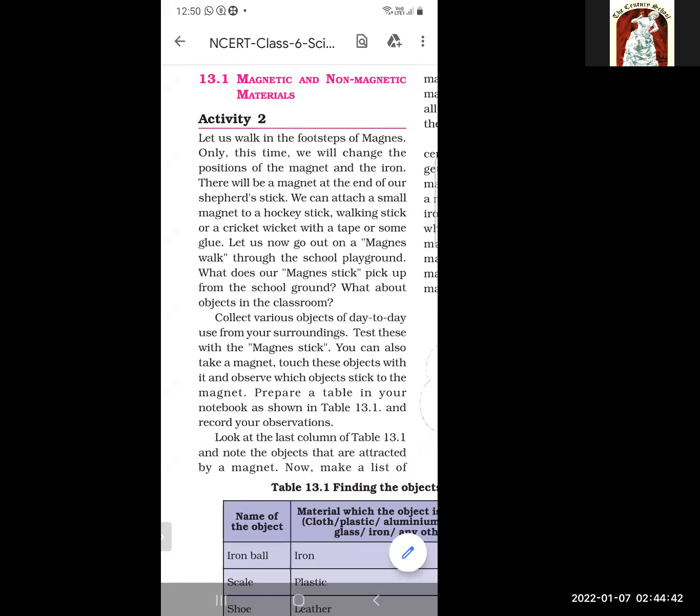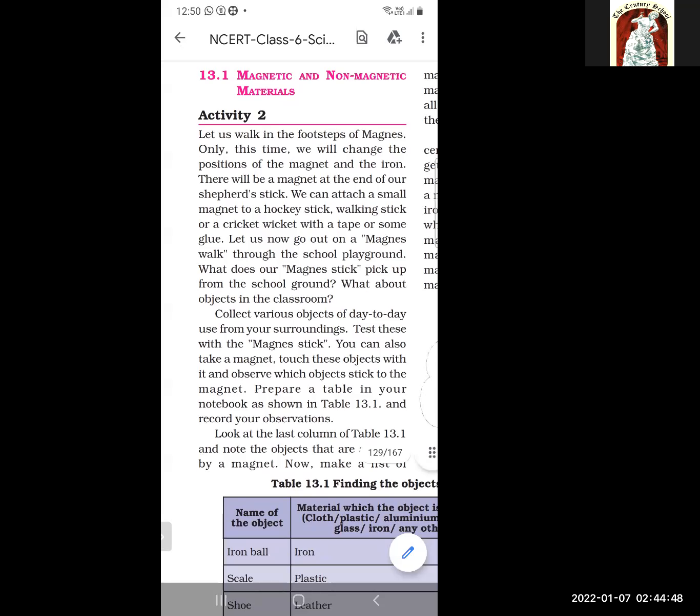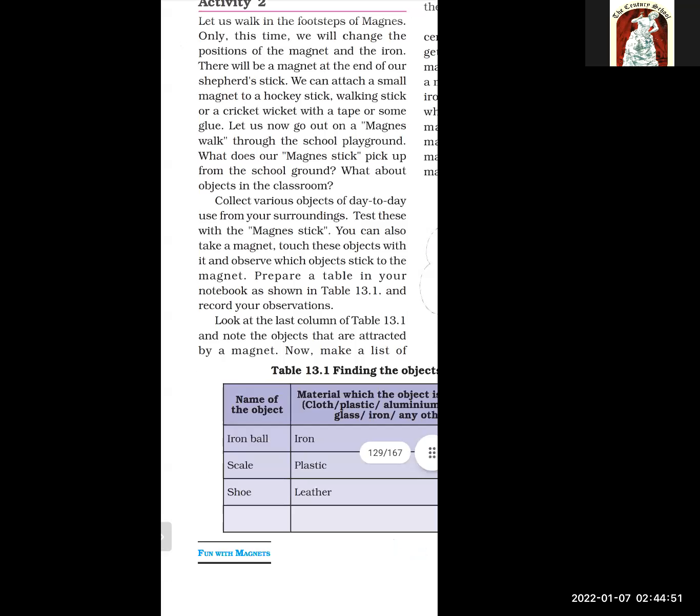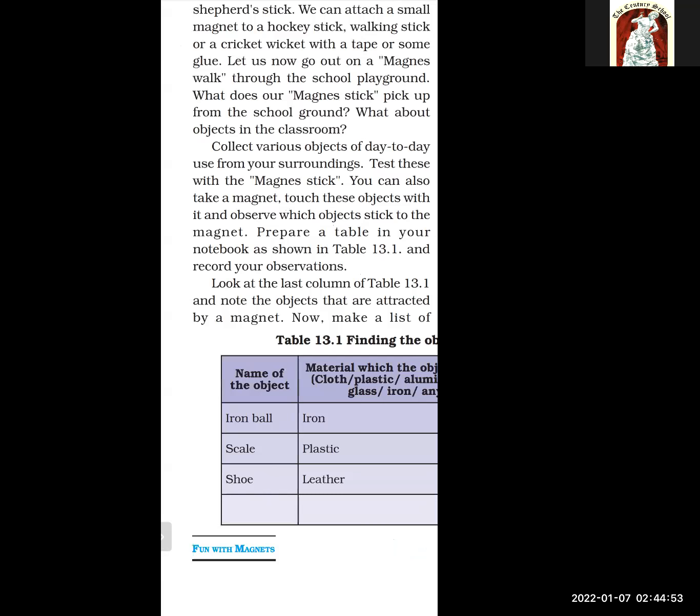Firstly, we will collect different materials, like an iron ball, a scale, and a shoe. What is the material of the iron ball? Iron. What is the material of the scale? Plastic. What is the material of the shoe? Leather. The iron ball is attracted by the magnet, so it is a magnetic material.